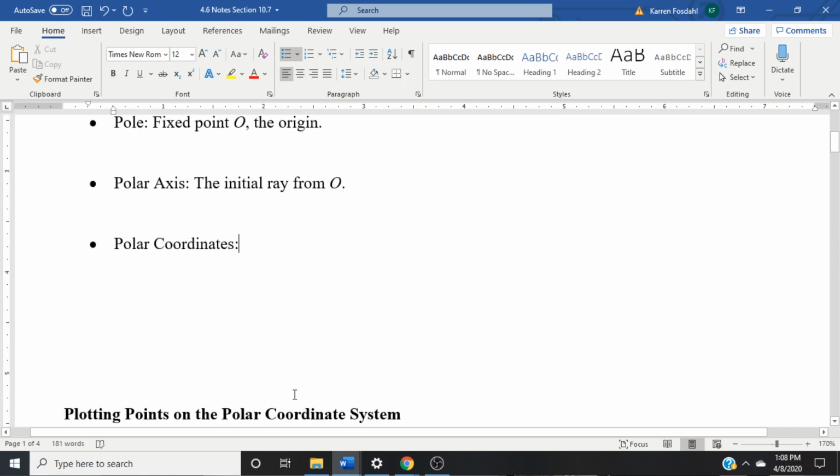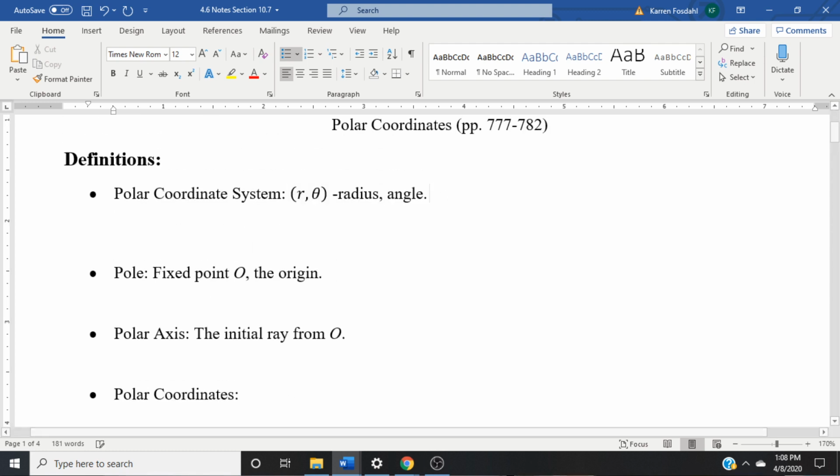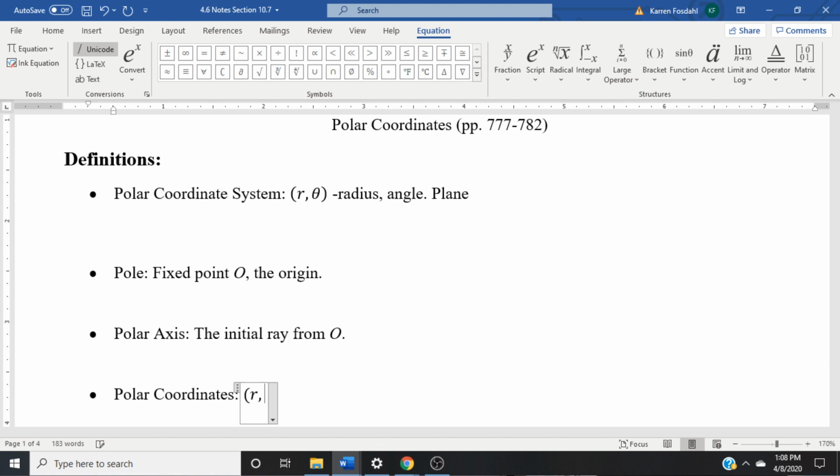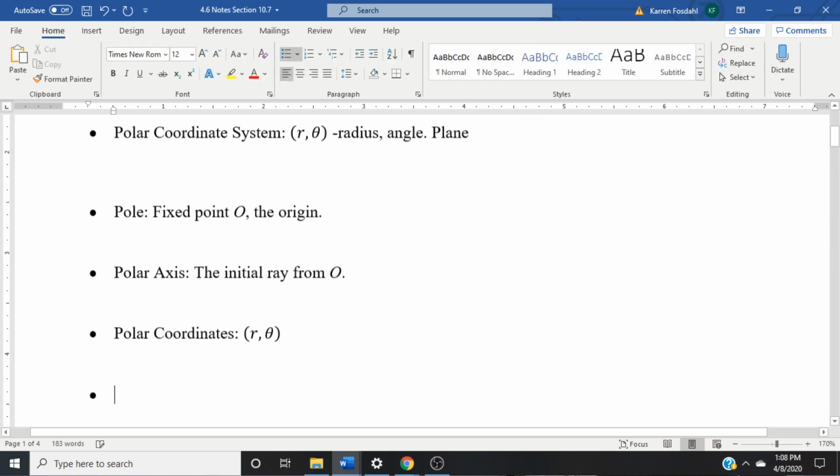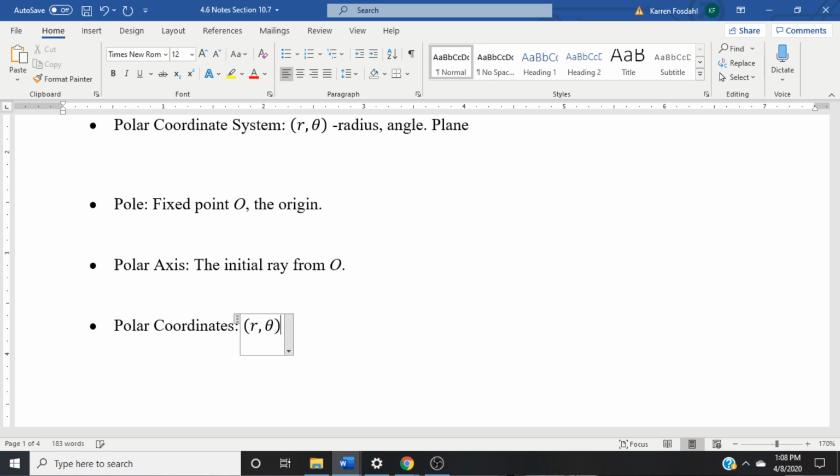Okay, the next one is the polar coordinate system, which is the plane. Polar coordinates is what I already defined. It is r comma theta. And we have two aspects to it. This is why you don't double space.